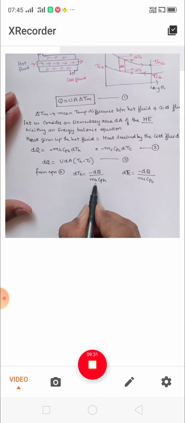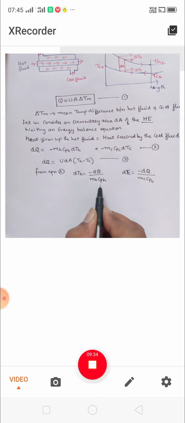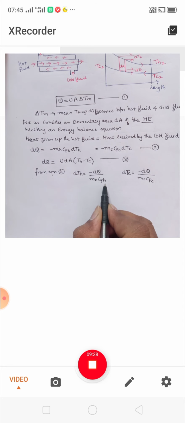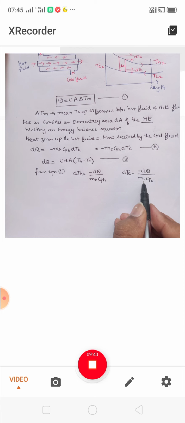Whereas mh is the mass flow rate of the hot fluid, cph is the specific heat of the hot fluid, mc is the mass flow rate of the cold fluid, and cpc is the specific heat of the cold fluid.